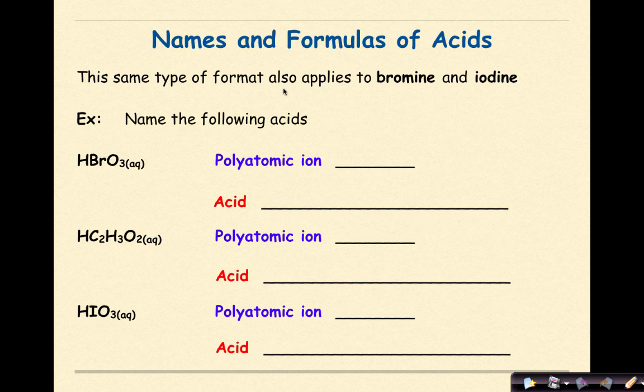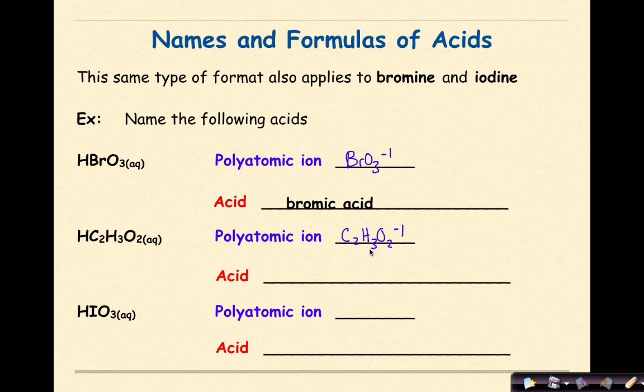The same type of format also applies to bromine and iodine. Name the following acids. HBrO3, so the polyatomic ion here is going to be our BrO3 minus 1, and our acid is going to be bromic acid. HC2H3O2, the polyatomic ion here is our acetate ion, C2H3O2 minus 1.